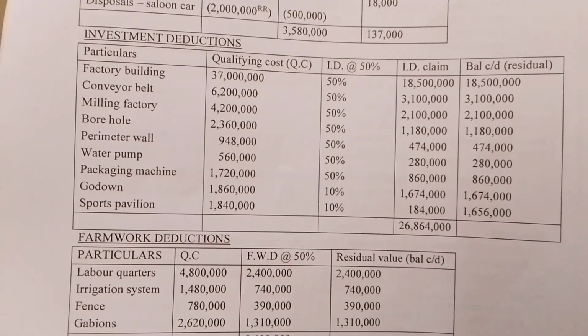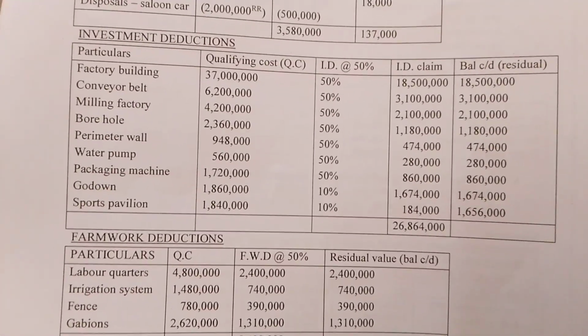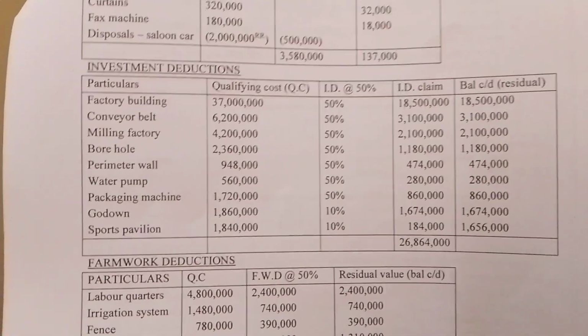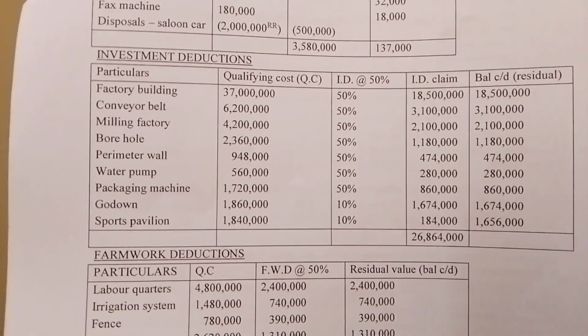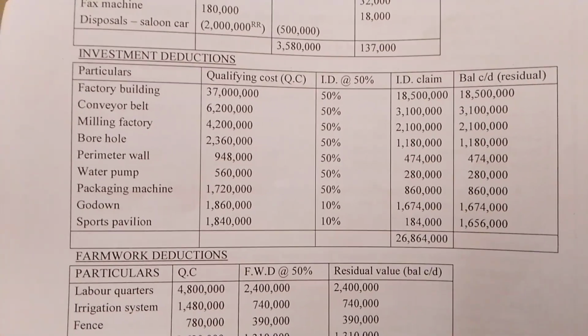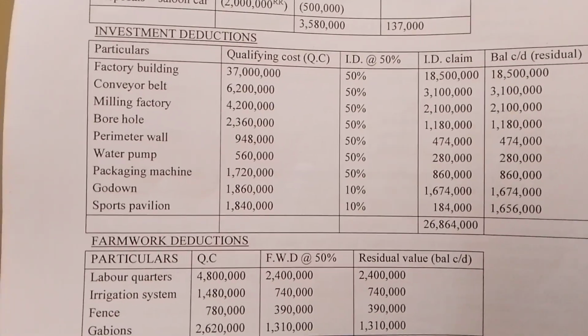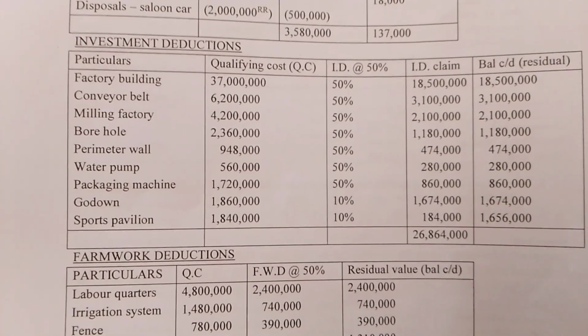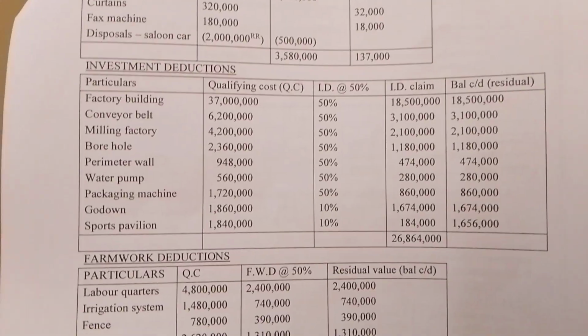But you can see, go down to the sports pavilion, you're giving them just 10%. It's just the arrangement of our work. Go down, the last two items, you're using 10% because there is no manufacturing which takes place in the godown and in the sports pavilion.